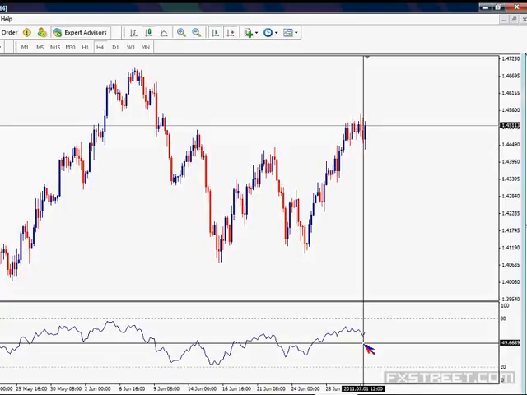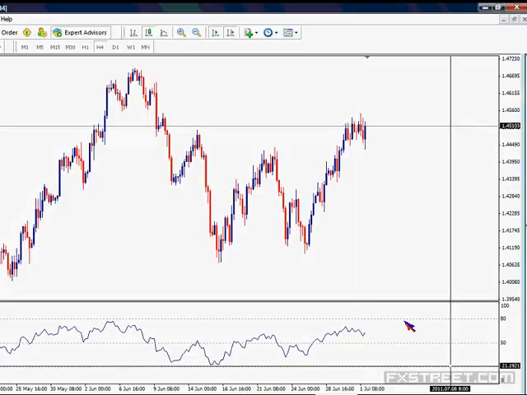So if we are above the 50 level, the market is bullish, while if the indicator is below that 50 area, we assume that the market is bearish. It's a pretty traditional chart. As you can see, I have set the levels at 80 and 20.